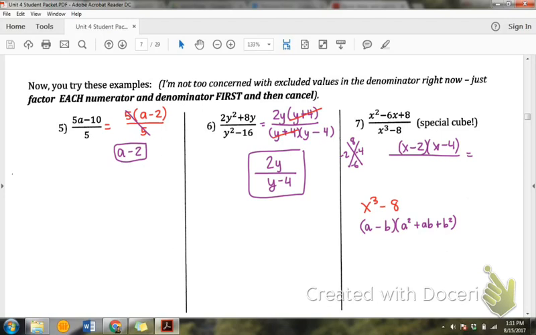Okay, so why don't you see if you can factor that using, we just took a test over this, sum and difference of cubes. Find your a, find your b.